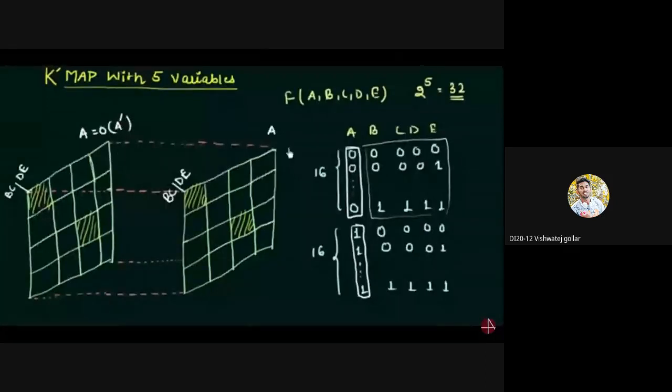Okay, now let's see how to solve a problem in this type of K-map. So I'm going to fill this map randomly.